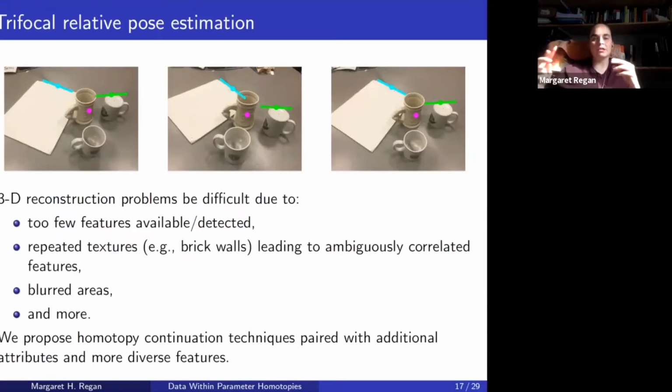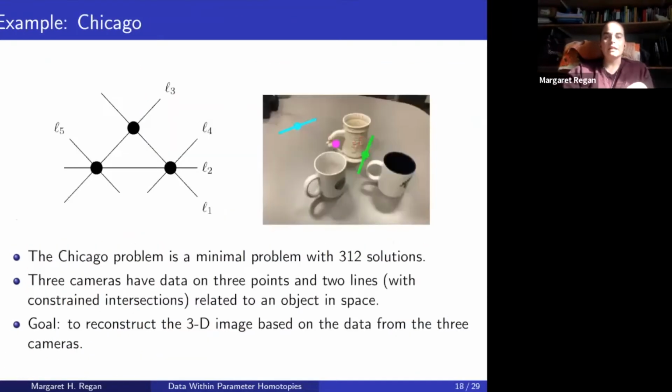So picking out which points belong to which in each of the pictures, right? So here we can see that pink, pink, pink go together, but there's actually a computer software that matches these. And so if you have things that are too similar, it might match incorrectly, or you might get blurred information. And so using homotopy continuation techniques, we're able to solve a problem like this.